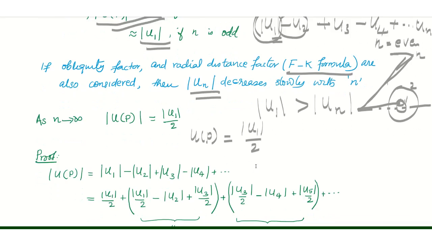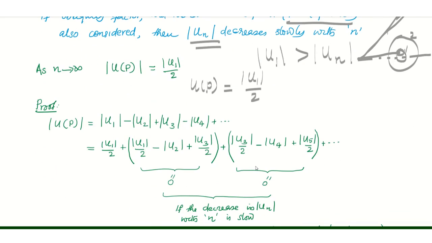How do you do it? Okay, this is your actual equation, U1, U2, U3, all moduli added together. Just divide U1 into U1 divided by 2 plus U1 divided by 2. Then you have U2, U3 divided by 2, U3 divided by 2. Summation that should give you U3 and so on.